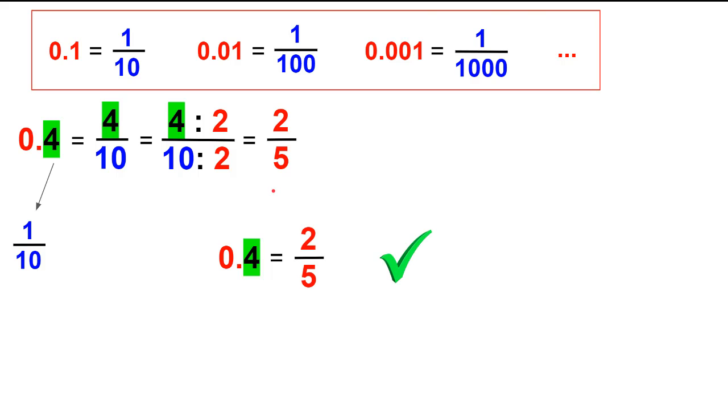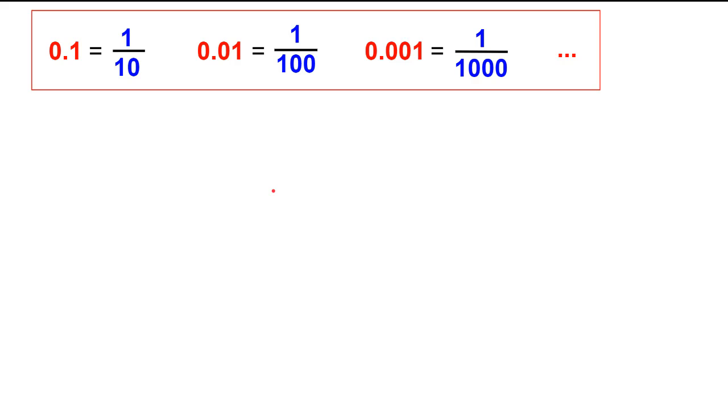Let's see some more examples. 0.23. Since we have 2 digits here, the first one is the times we multiplied by 1/10, and the second is the times that we multiplied by 1 over 100.